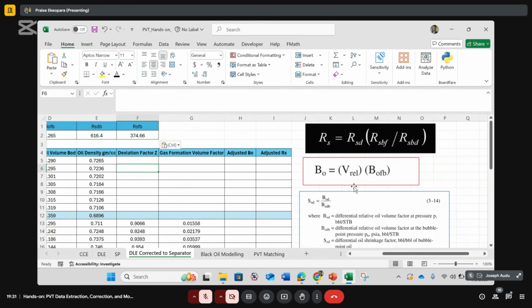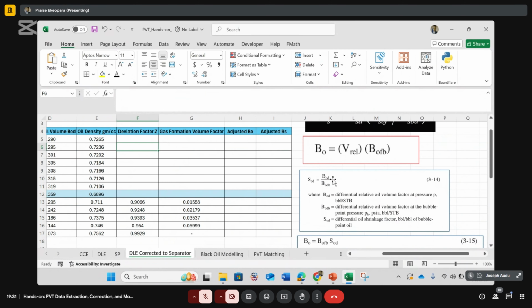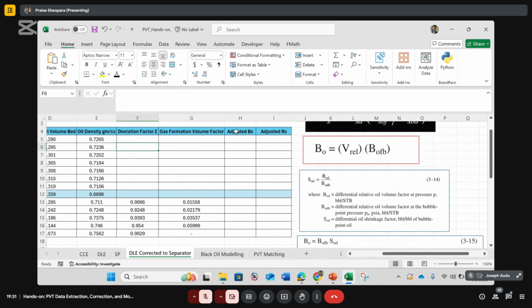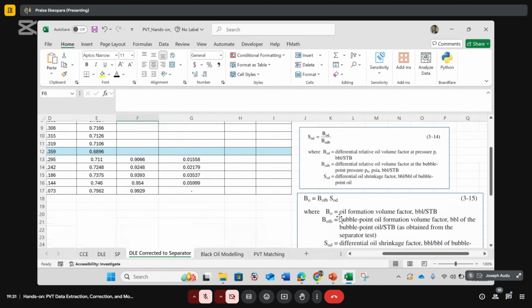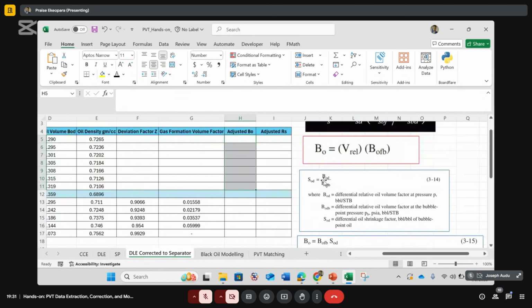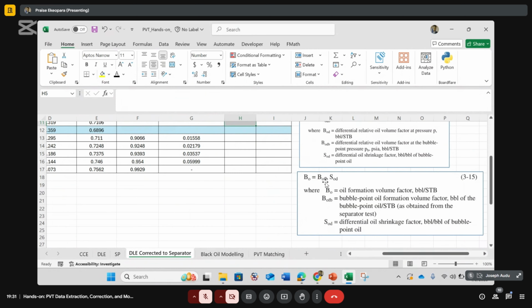So in making our adjustment for BO, there are equations that are used, right? So in making adjustment for your BO, this one is our above. So you do this from above, starting from this down to here, like above bubble point, while you make use of this other one now, which is multiplying the shrinkage by the flash BO at saturation point.